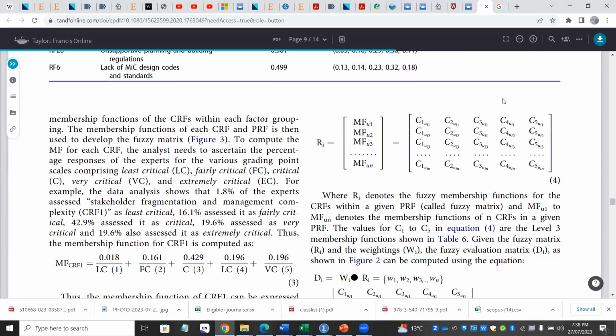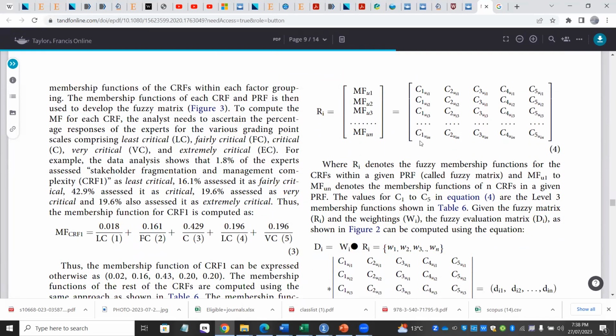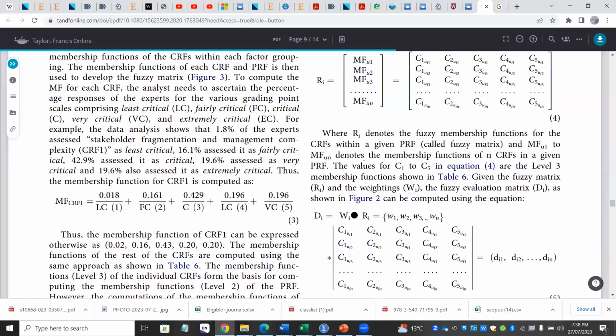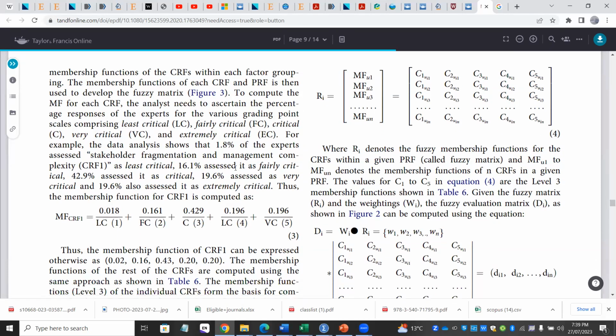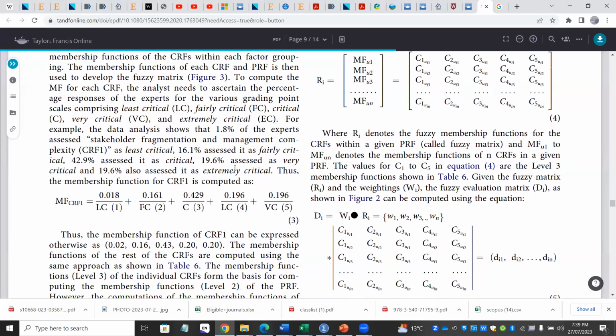So it's exactly the same thing that we have also done. These things have been explained further here. I've already explained how we came about the membership function of each of the groups, which is determined by how people responded to the variables in the survey.